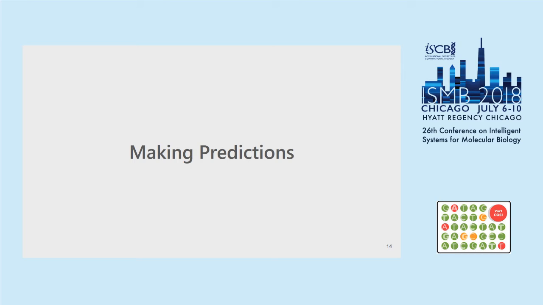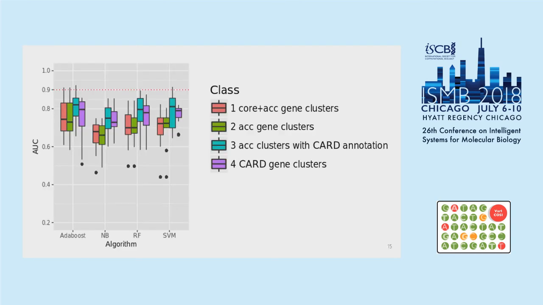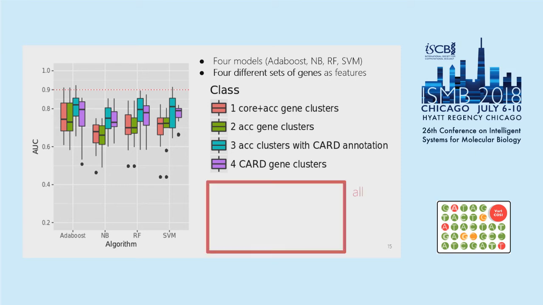And then we move on to make the predictions. So we tried 4 kinds of models: AdaBoost, naive Bayes, random forest, and SVM. And we tried 4 different sets of genes as features. The pink one denotes that all clusters are included. The green one denotes all accessory genes.